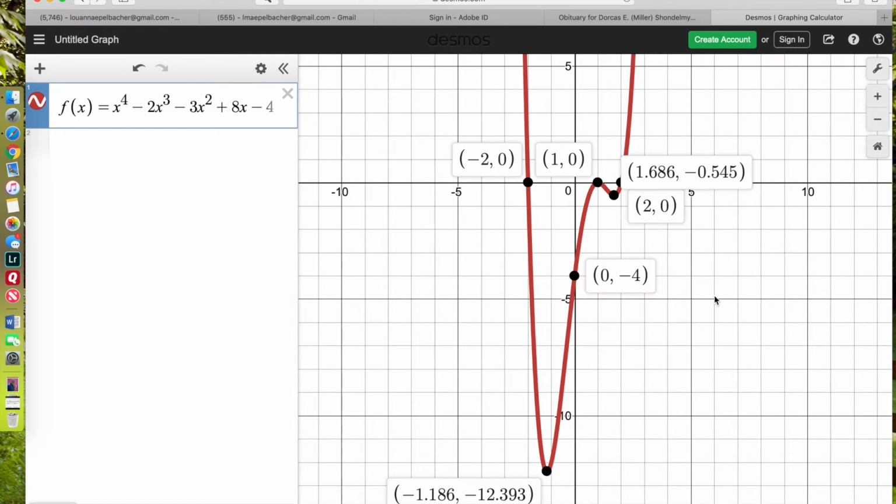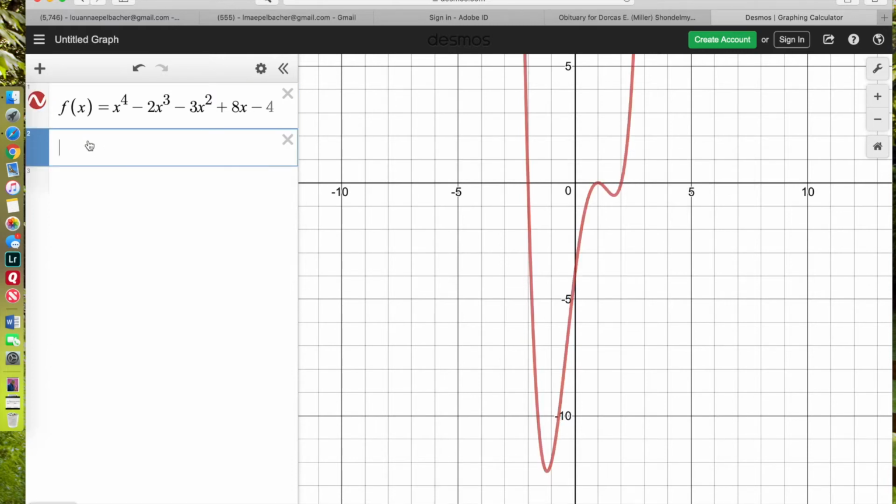And the other thing that you're going to need, and I won't be going back and forth within one problem from Desmos to the video, is your table of values. So click in the space that's immediately below the equation that you've typed, and then go up here to the plus sign where it says add item. And when you click on that, you should get a number of different choices. You want the choice that says table, but remember that you have to change the y1 to f of x1.